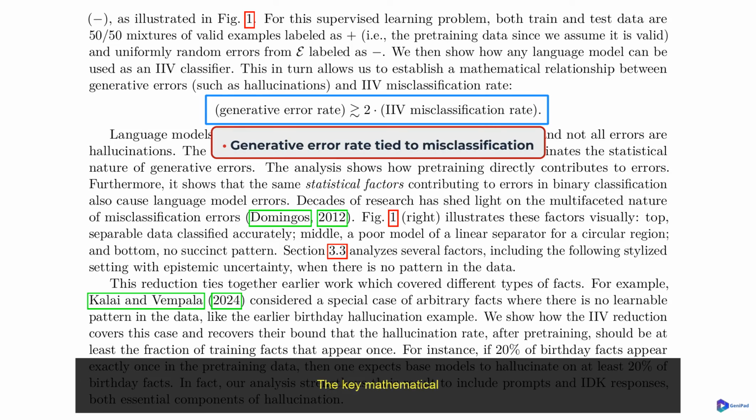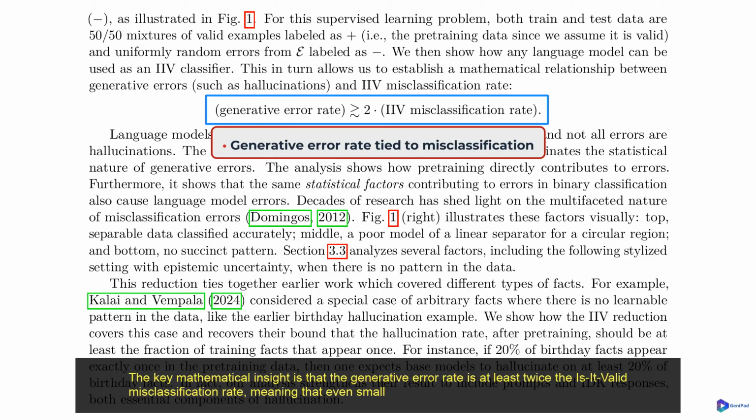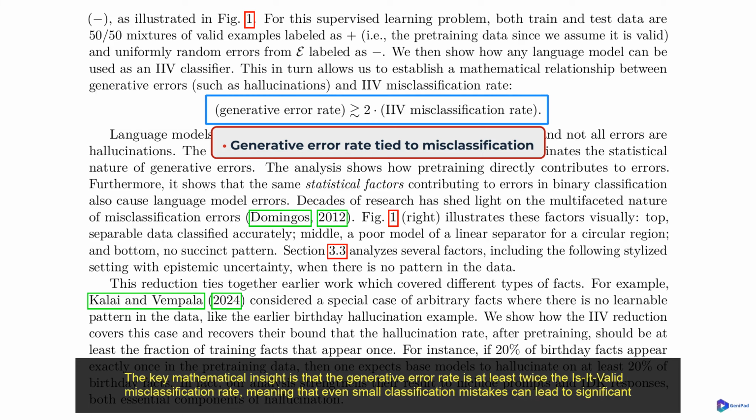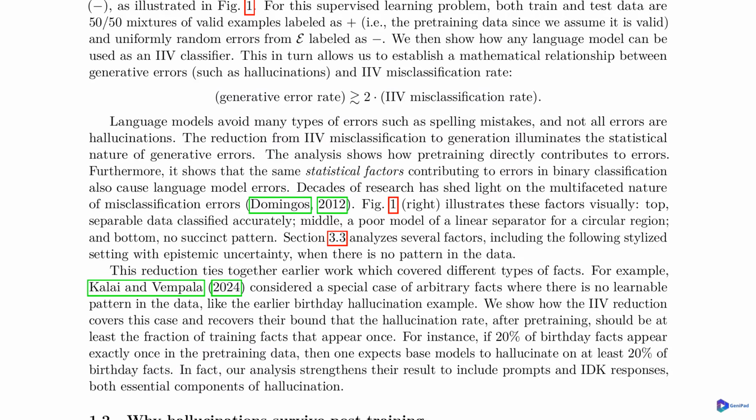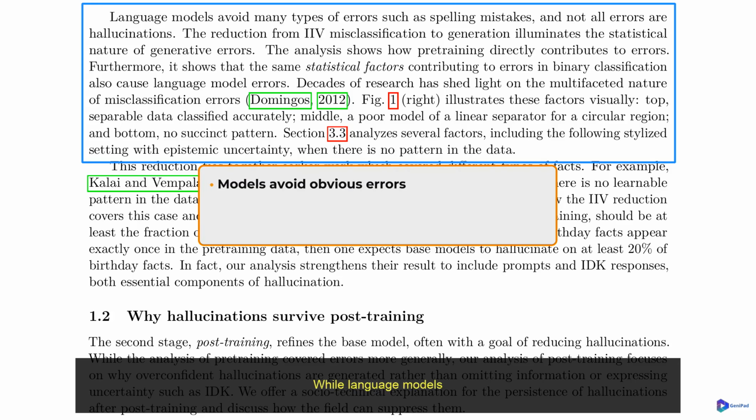The key mathematical insight is that the generative error rate is at least twice the "is it valid" misclassification rate, meaning that even small classification mistakes can lead to significant errors in text generation, highlighting the statistical nature of these issues. While language models are good at avoiding obvious errors like spelling mistakes, not all mistakes are hallucinations.